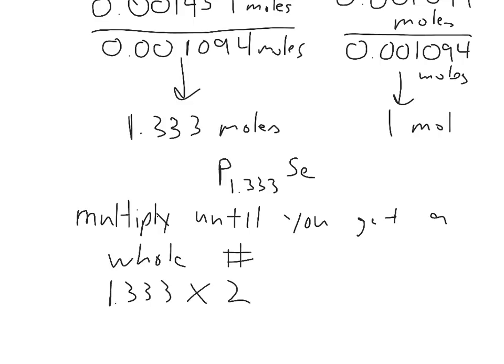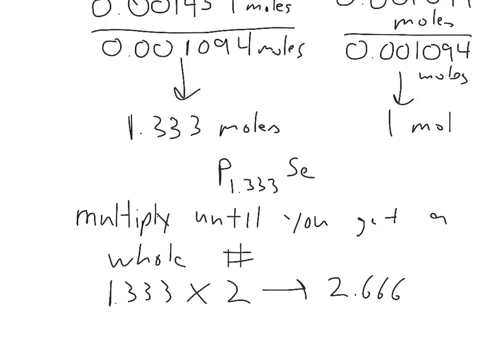We just multiply by some whole number to normalize that value to make it a whole number. That's going to be 2.666. It's not a whole number, so that whole number doesn't work. Selenium at this point, you have to multiply it by 2, and that would become 2.